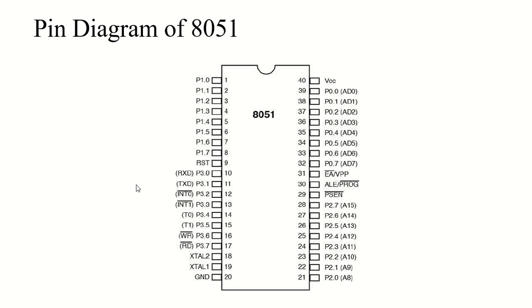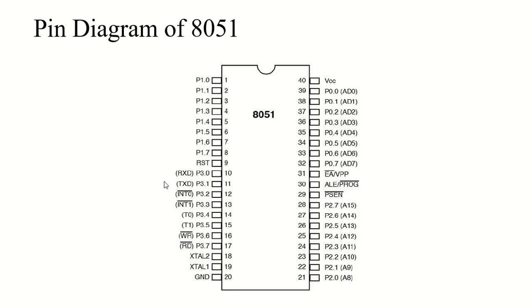As we have discussed earlier about port 3, whatever the application, coming to its input output operation part, the pins of port 3 are used for reading and writing operations as well.